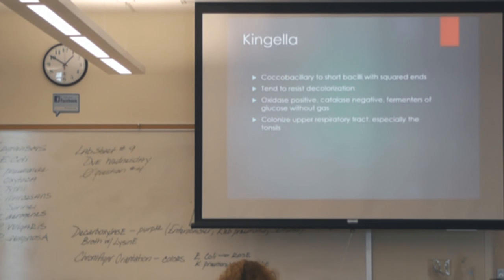You have two colony types for this one. You have spreading and corroding, which basically looks like the plate's corroding, or you can have a type that's smooth and has a convex beta hemolysis.